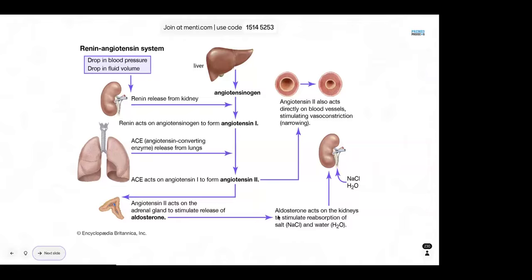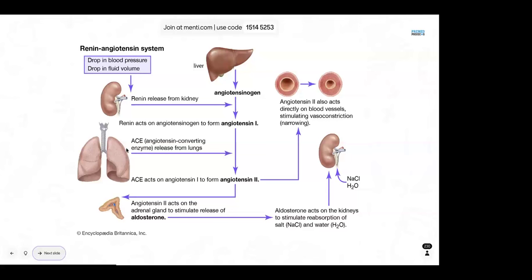Oh, well done, Edward. Edward is saying ACE inhibitors. Has anyone heard of this term called ACE inhibitors? What an ACE inhibitor does is it is a type of blood pressure medication. And actually someone posted in the chat one of them. Ramipril is a type of ACE inhibitor.